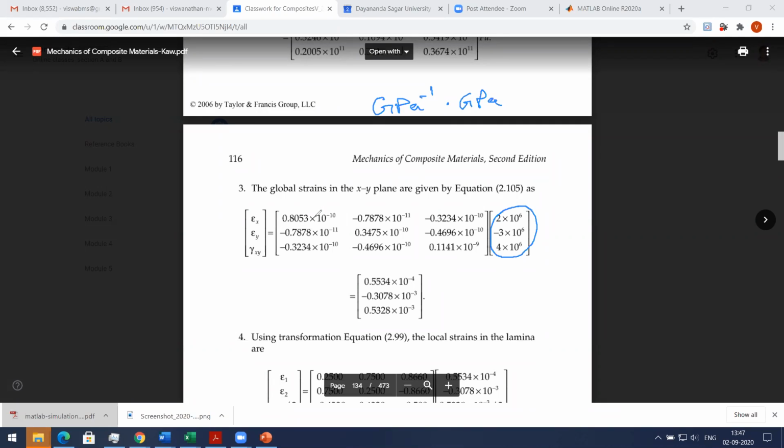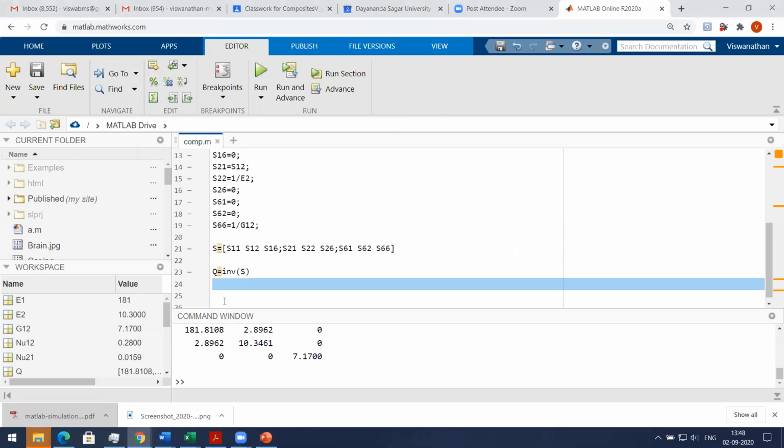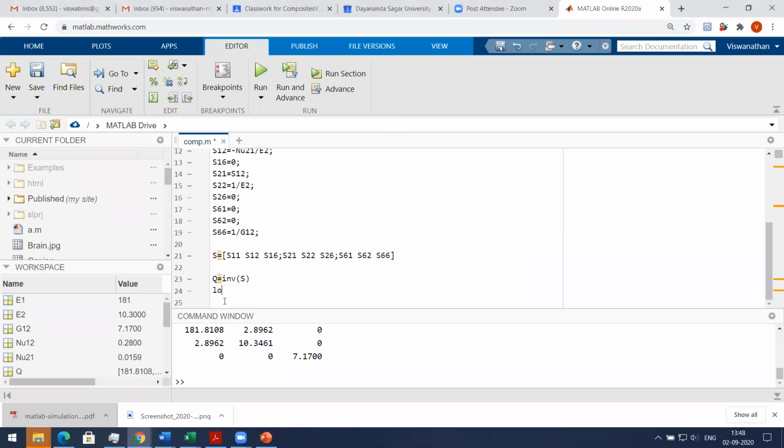Now, knowing the global stresses, how will you find local stresses? Transformation matrix. Okay, so first I'll define the local stresses.